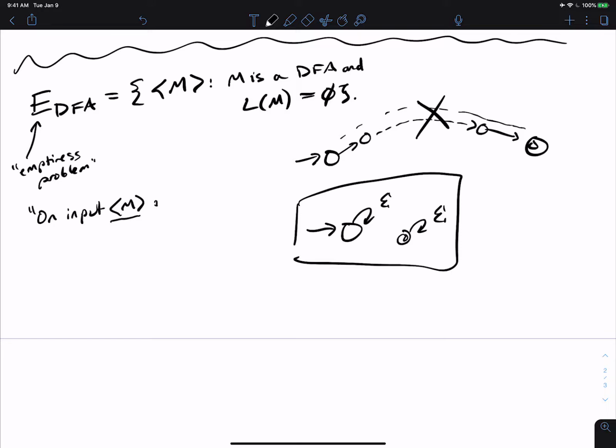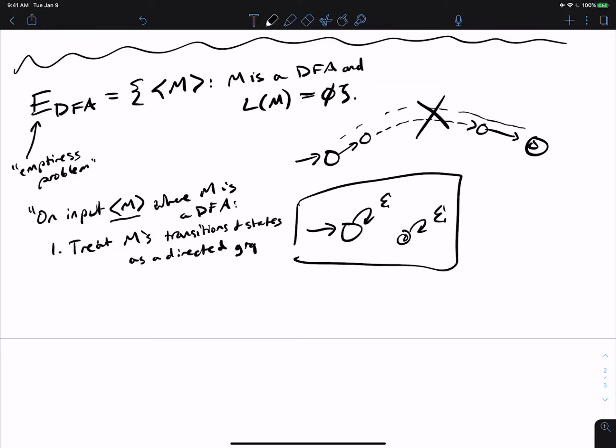So on input M, where M is a DFA, what we do is treat M's transitions and states as a directed graph. If you don't know what a directed graph is, that just means a graph with directions on the edges.